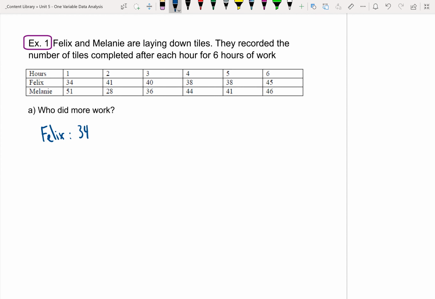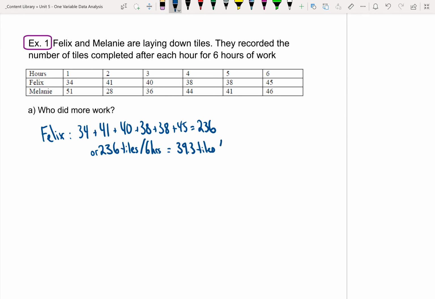So there's 34 plus 41 plus 40 plus 38 plus 38 plus 45, which equals 236 tiles. So we could break that down into a rate: 236 tiles per 6 hours works out to about 39.3 tiles per hour.